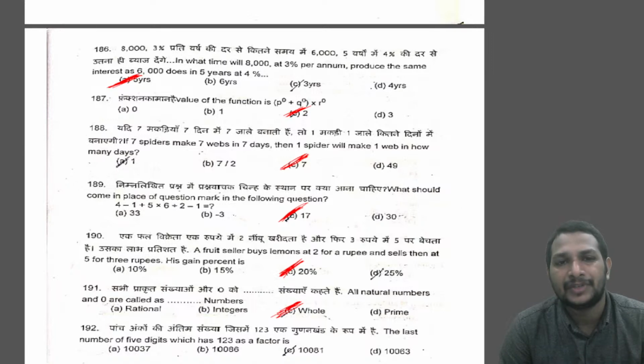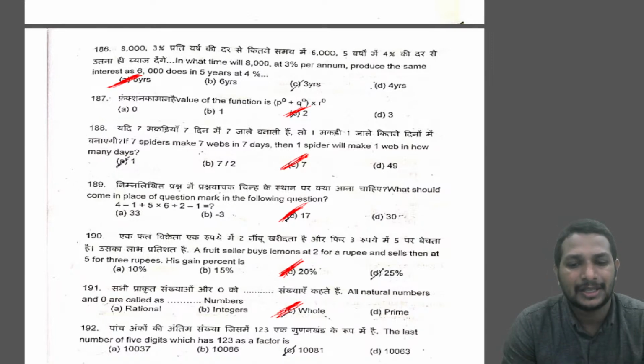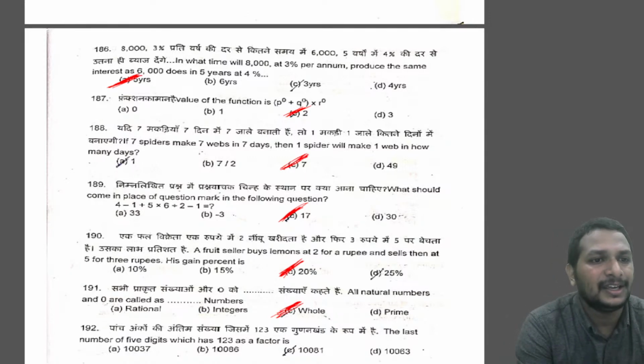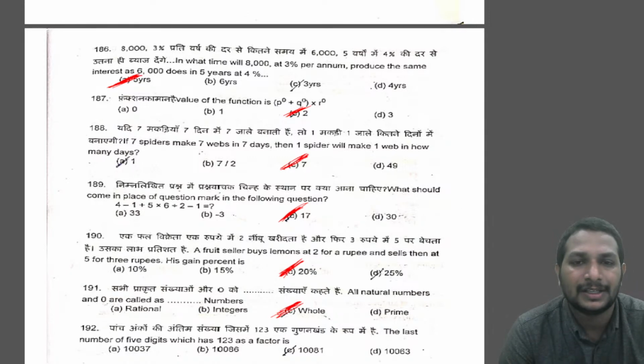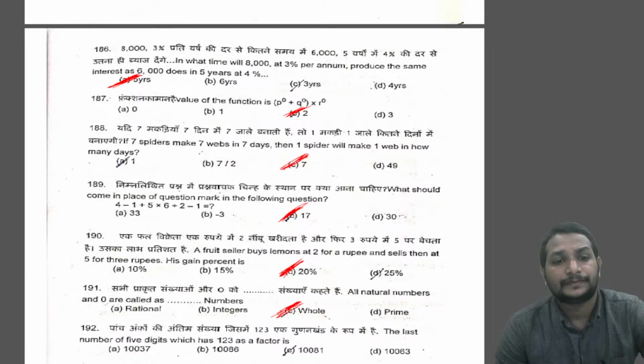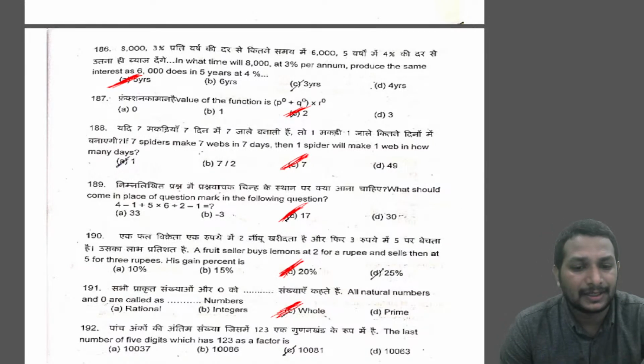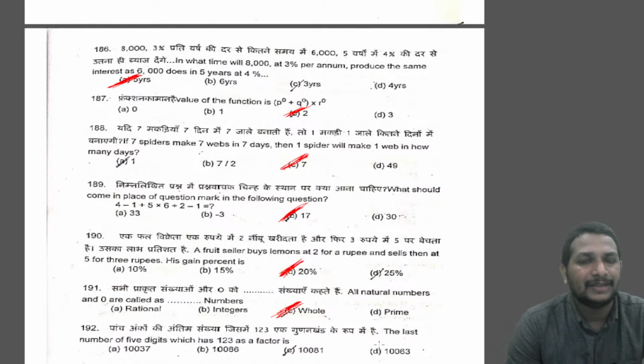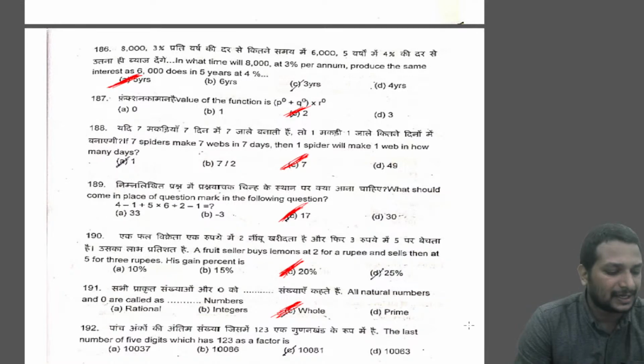The number has to be divisible by 123. Mentioned that 123 is a factor, right? The 5 digit number for which 123 should be a factor. So check out the options to see which one 123 divides.